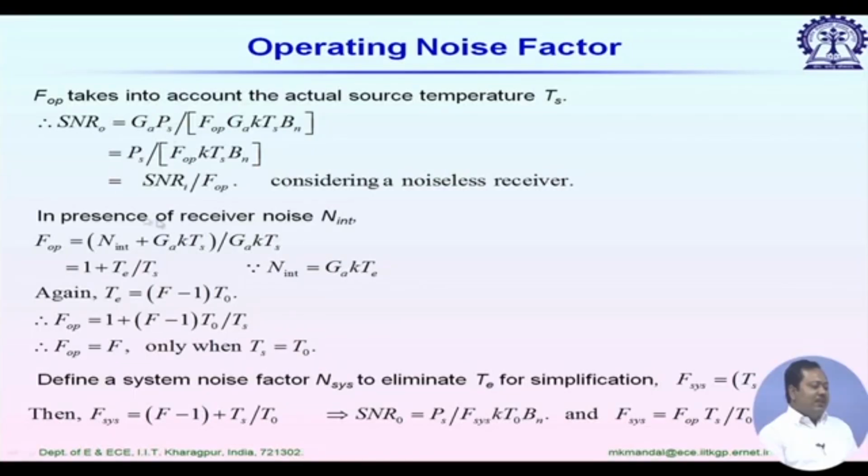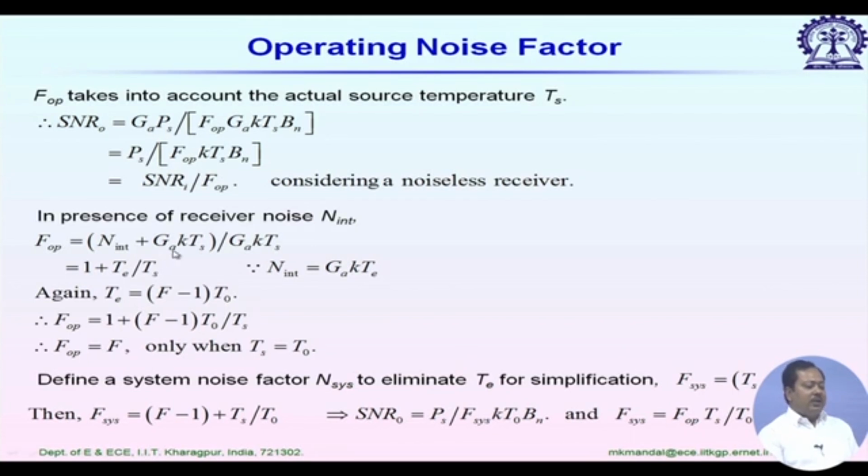Now, in the presence of receiver noise N internal: in the previous one, when we calculated, we put simply K Ts Bn. Here we did not consider the effect of internal noise generated inside the receiver. Now we are introducing that. In that case, F operating is equal to N internal plus, so you see noise factor is SNR I by SNR O. In terms of noise, we can write noise at the output divided by noise at the input.